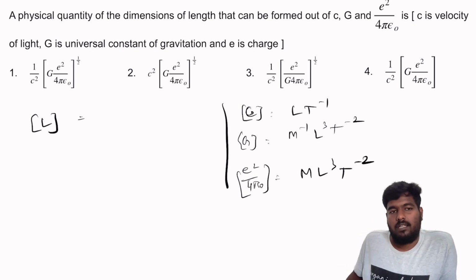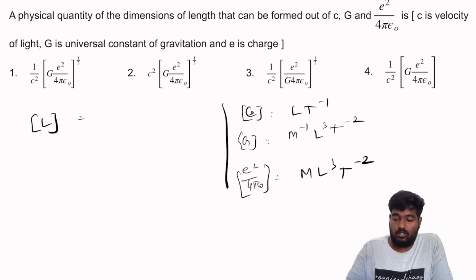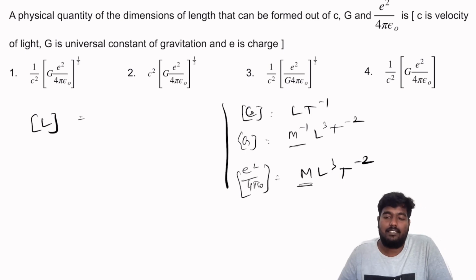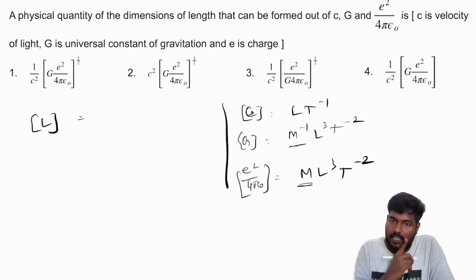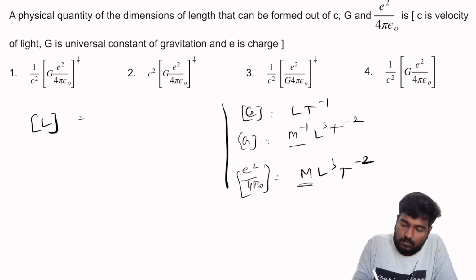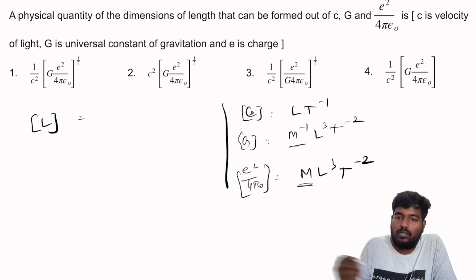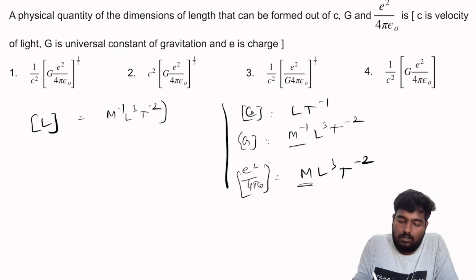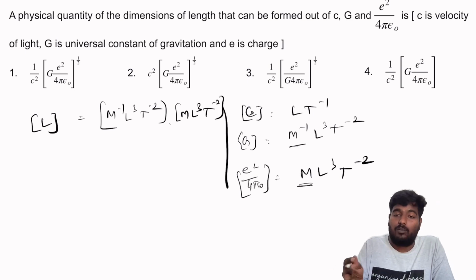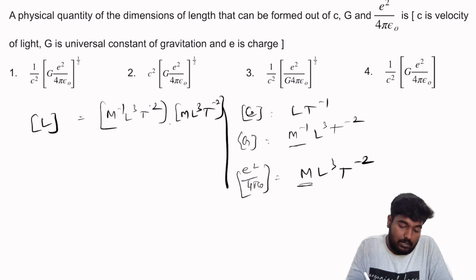Now I want only L. So this M inverse and M should cancel each other. If you multiply them, the mass will cancel. So I know that both have to be in the numerator. So this is G into M L cube T power minus 2, M inverse L cube T power minus 2.